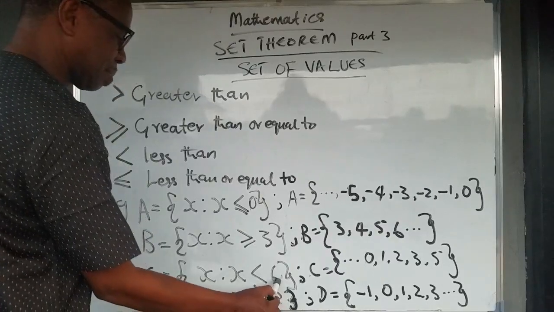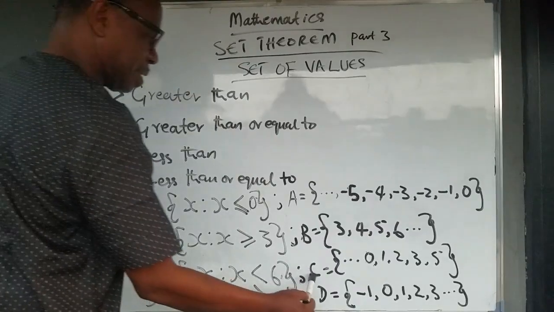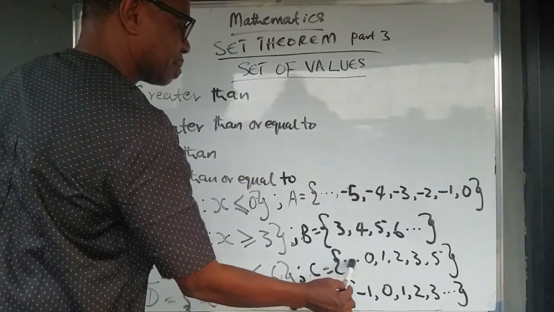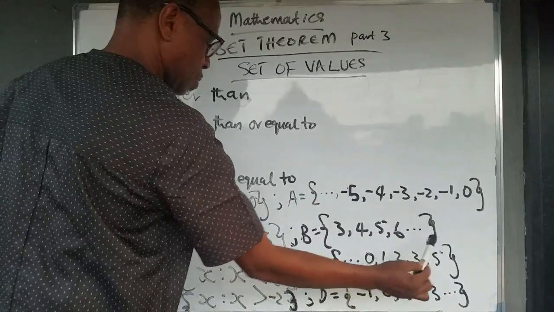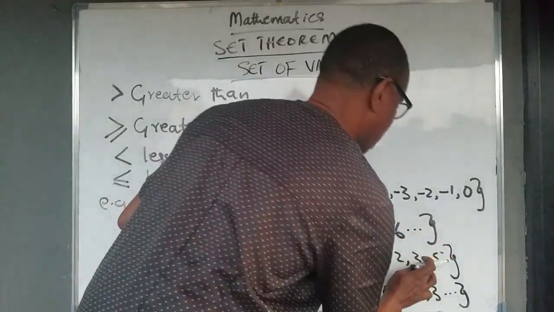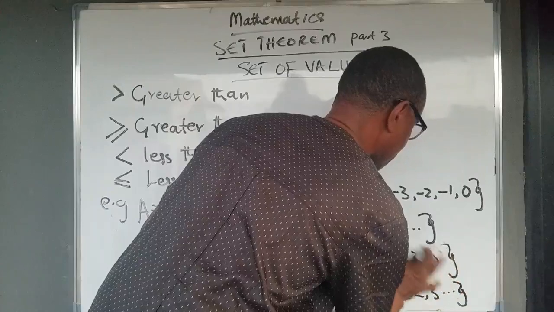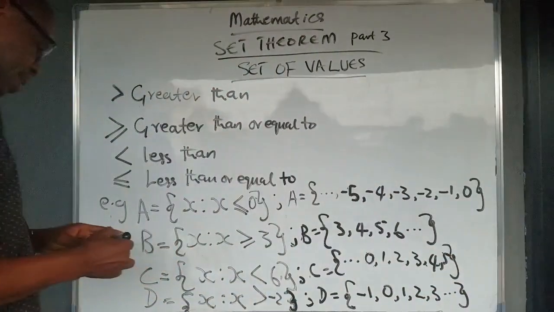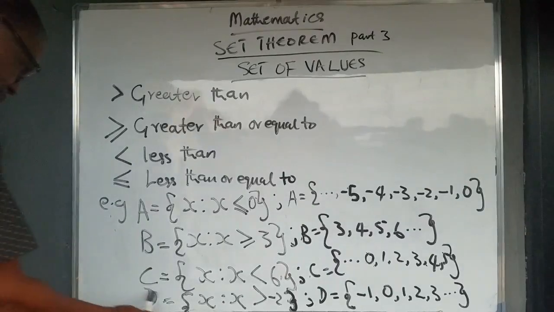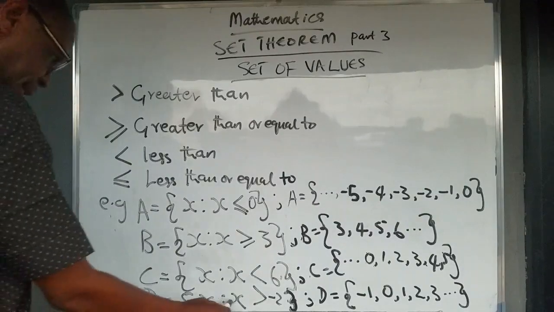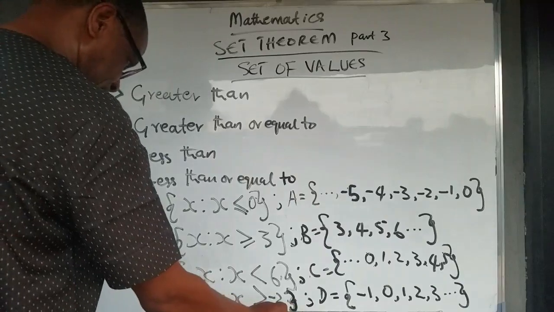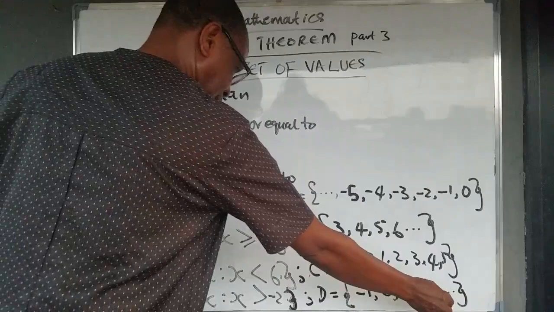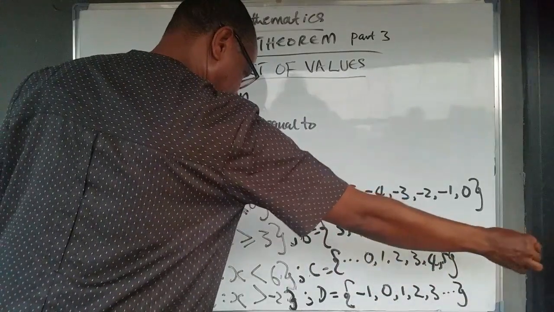Then the next one is C, the set of X, and X is less than 6. That means 6 will not appear there at all. Less than 6, 6 will not appear there. So that means C, remember the sign, less than, I will start with dotted line. I have 0, 1, 2, 3. Oh, sorry. I missed the number here. 4, and then 5. And the last but not the least is D. D is the set of X, and X is greater than minus 2. Greater than means I have numbers on the positive side.